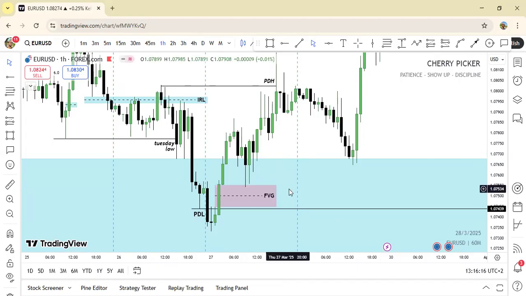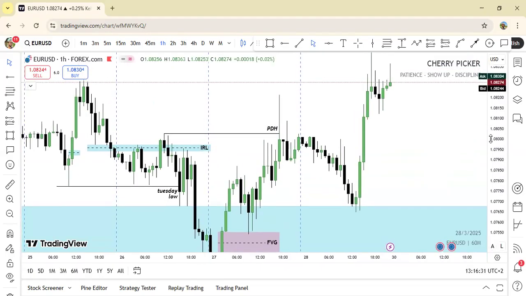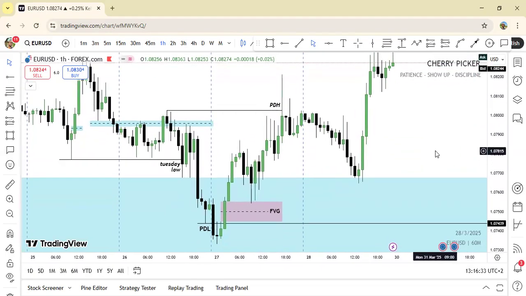Price used this fair value gap during London session, right? And our target on Thursday was the previous day high, or the buy side liquidity, right?